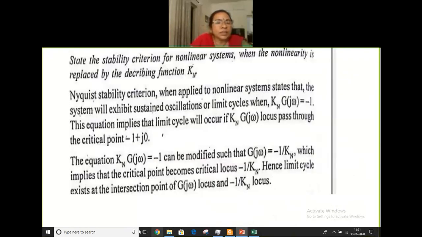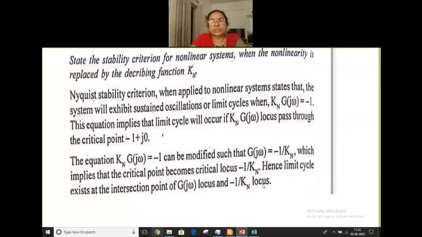Then from that you just write G(j omega) is equal to minus 1 by Kn, which implies that the critical point becomes a critical locus, minus 1 by Kn. Hence, the limit cycle exists at the intersection point of the G(j omega) locus and the minus 1 by Kn locus.